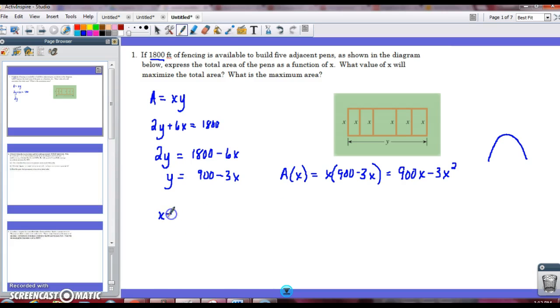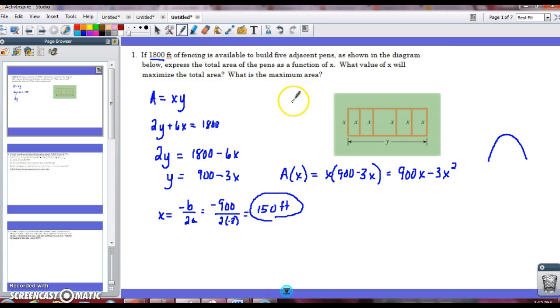So that would be negative 900 over 2 times negative 3, or negative 900 over negative 6, which comes out to be 150 feet. It says what value of x will maximize total area. So that's the second part, it is 150 feet.